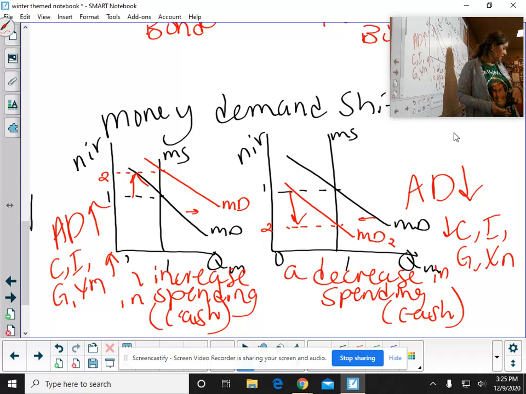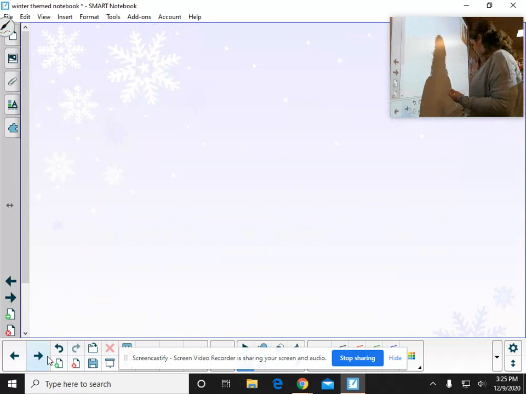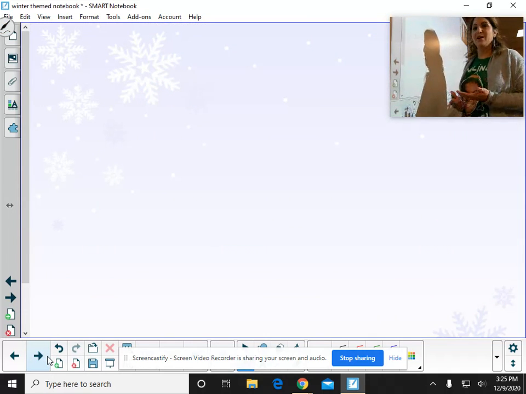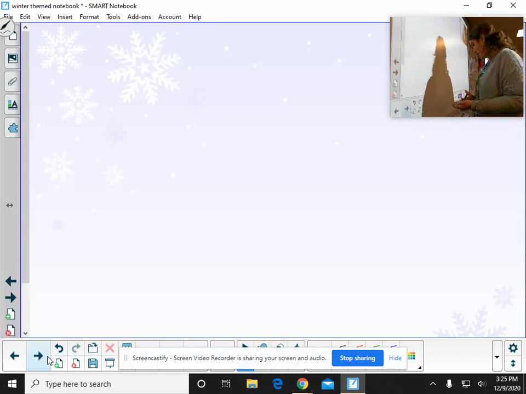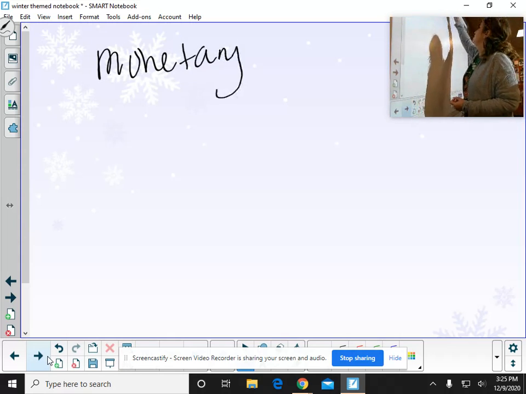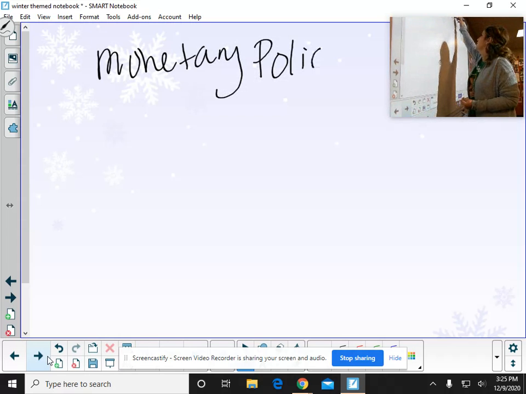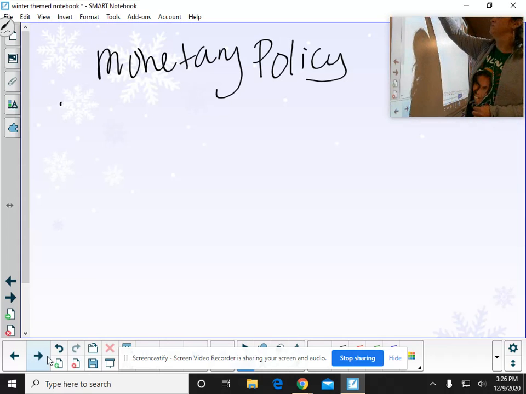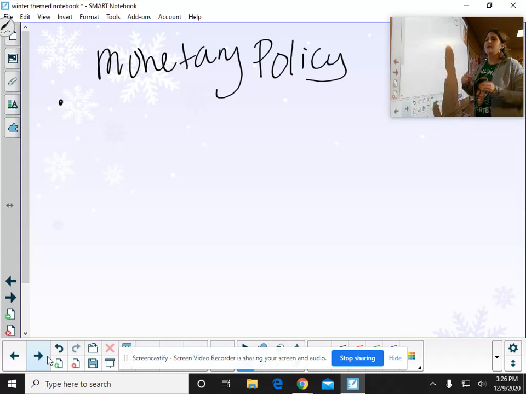Now that the money market is kind of over, let's do our last thing, which is monetary policy, which we've been talking about. It's hard to talk about M's, and especially the money market graph, without mentioning monetary policy. Monetary policy is the regulation of money supply.